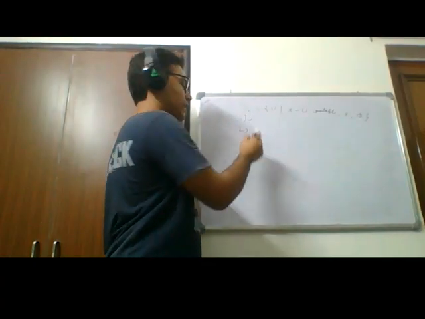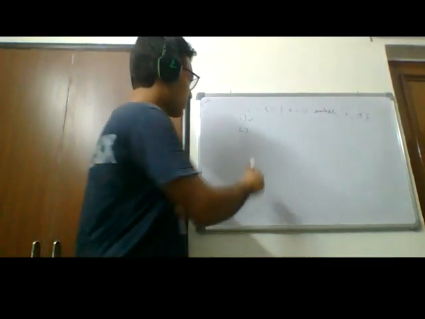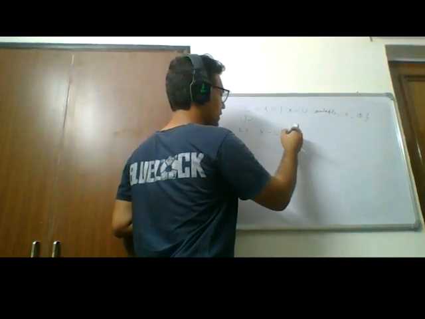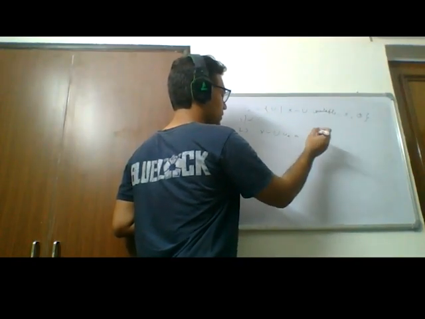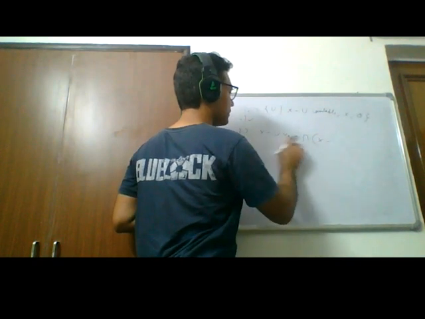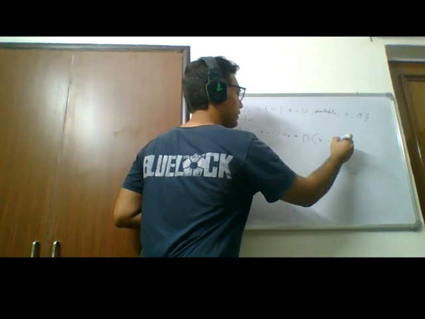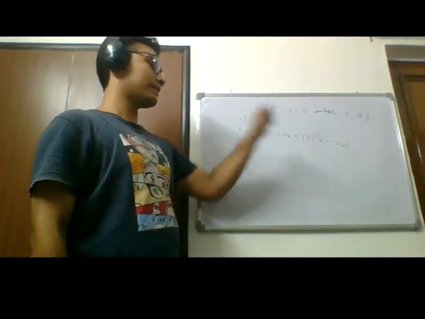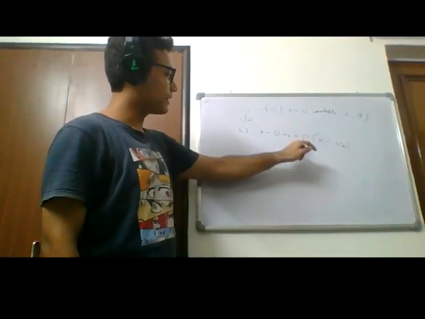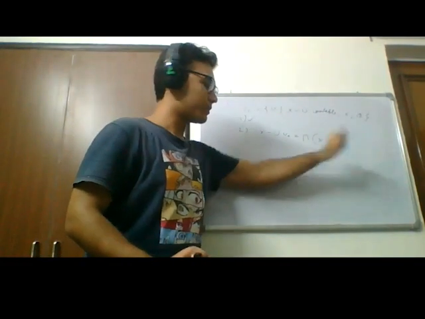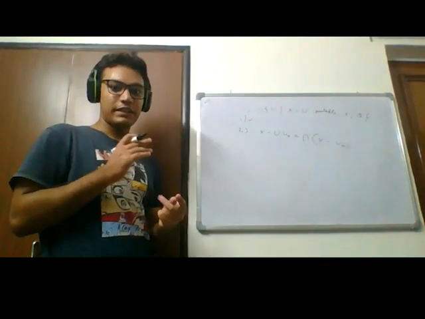For the second one, we use De Morgan's laws again. We get X minus the union of U alpha is equal to the intersection of X minus U alpha. That's an arbitrary intersection of countable sets, so it's either finite, countable, or empty.